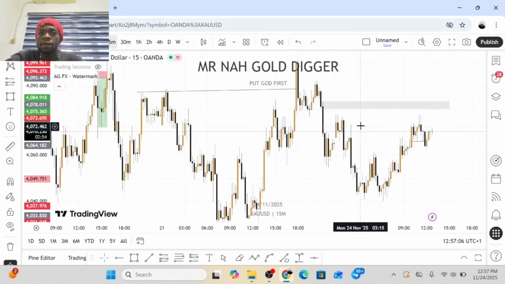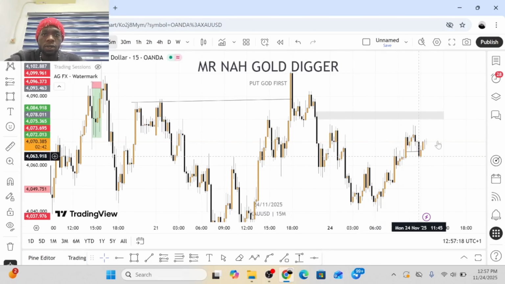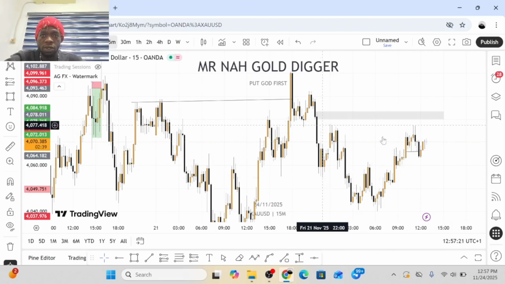And looking at the left hand side here, after this liquidity sweep, the market created a lower high and lower low, lower high, lower low. So now the current price looks as if it wants to break past this last lower high.